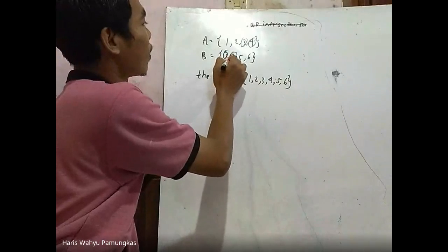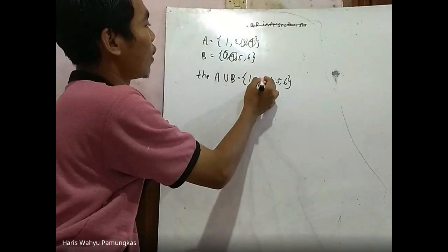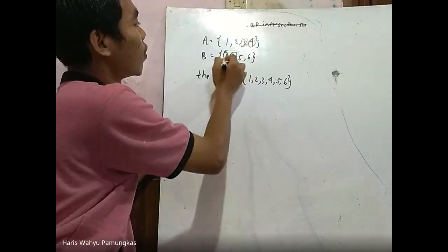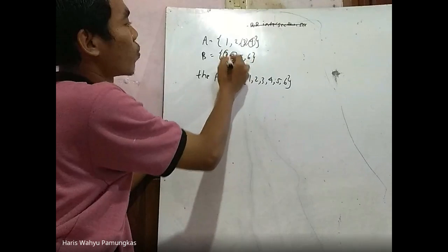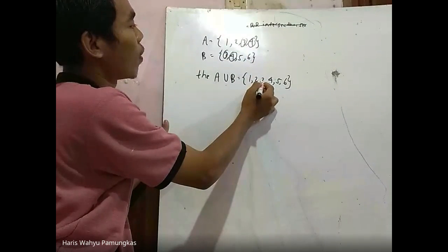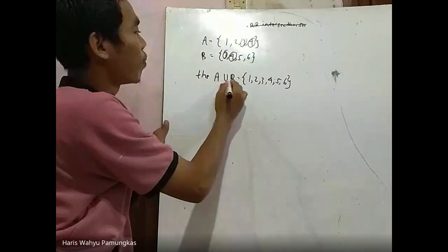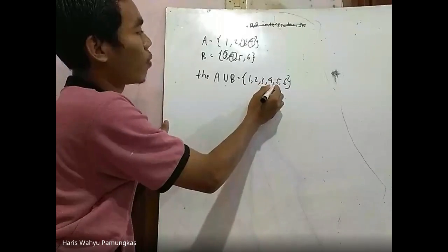The 3 and 4 are only written once, not twice. The answer of union A and B is 1, 2, 3, 4, 5, 6.